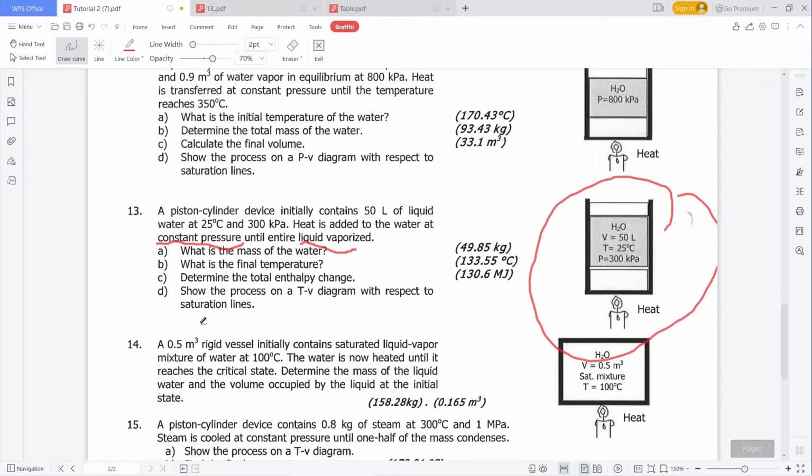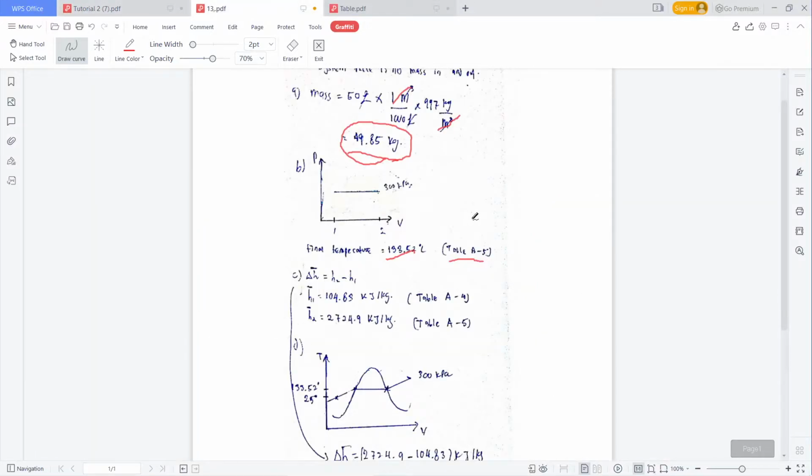Question C asks what is the total enthalpy change for the entire system. Before we begin with the calculation, we need to define the PV graph. At the first condition, the pressure will be 300 kPa, and at the final condition, the pressure is also 300 kPa.